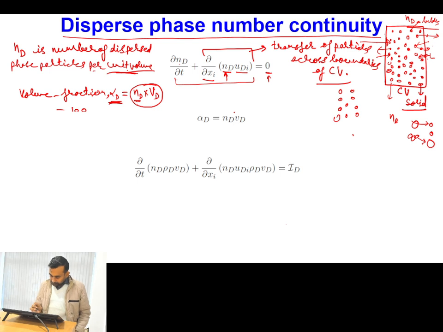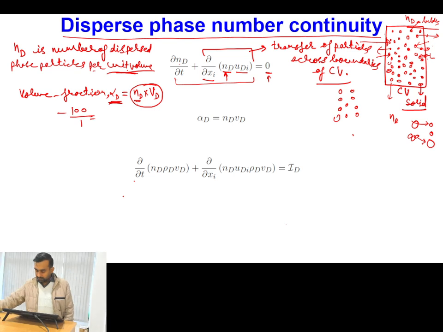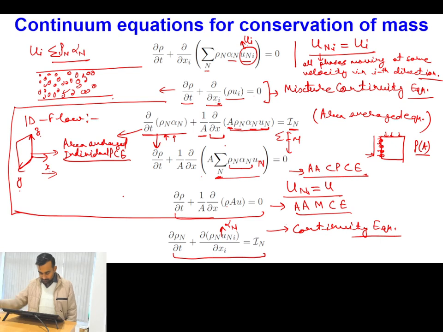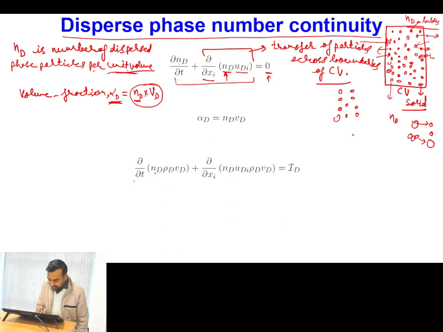Now I can also write the previous equation. What was the previous equation? This. In this previous equation, I can replace alpha d with nd into Vd.